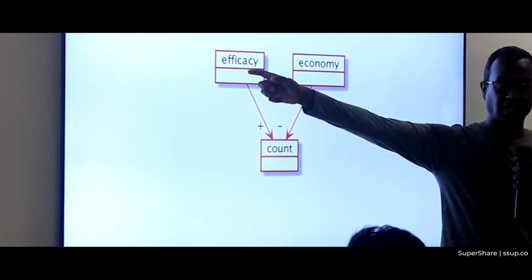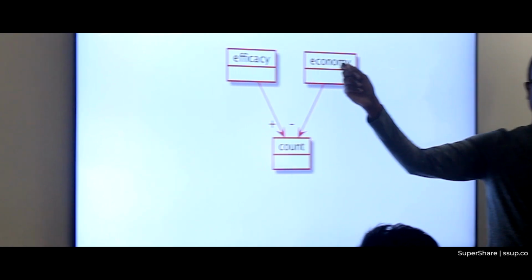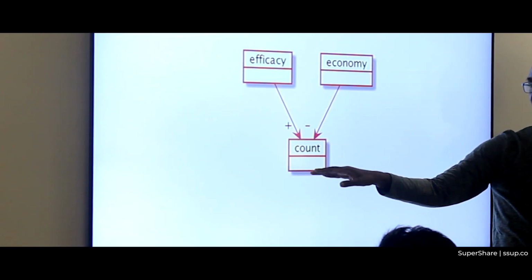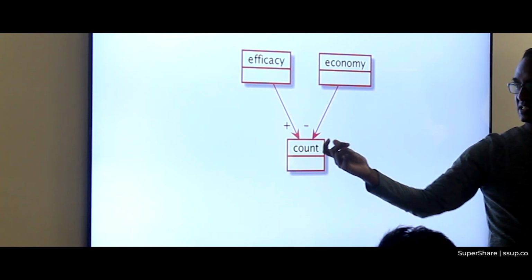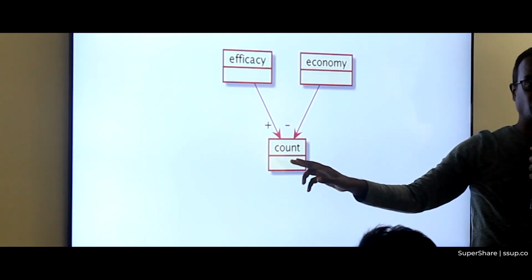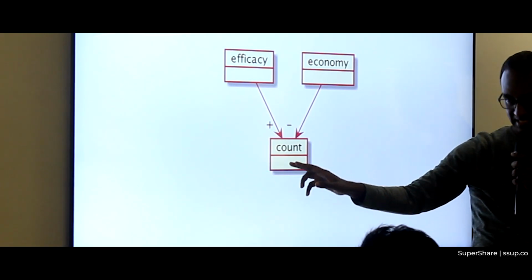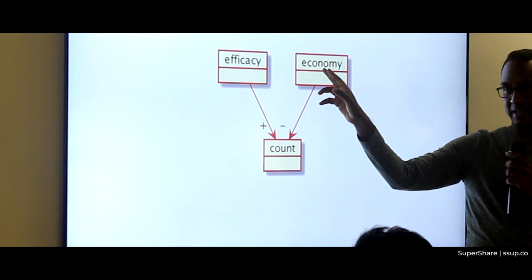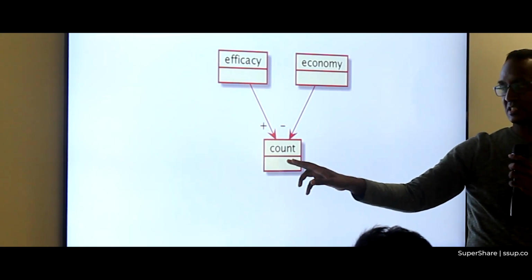This is how far you want to go, and this is how economical your driving is. Both of these factors together influence the number of units. As you want more functionality, the number of concepts in your system increases. Similarly, as you become more economical, the number of concepts in your system decreases.